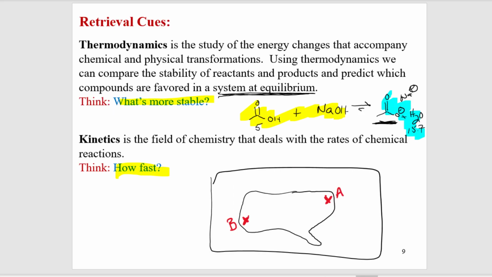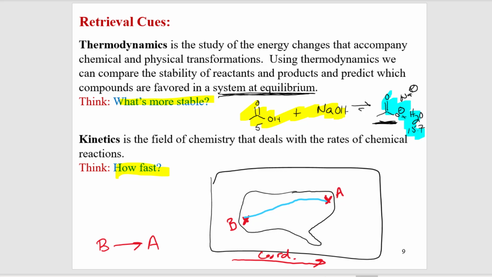As you move from B to A, if B was our starting point and we're traveling to A, this is our coordinate on the map. It doesn't tell us how long it's going to take to go from B to A. It's just showing that I'm starting here and I'm ending there. As my travels progress, I'm moving from here to there.